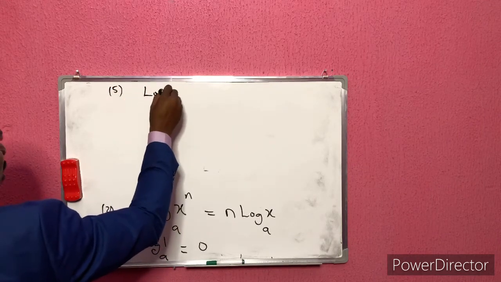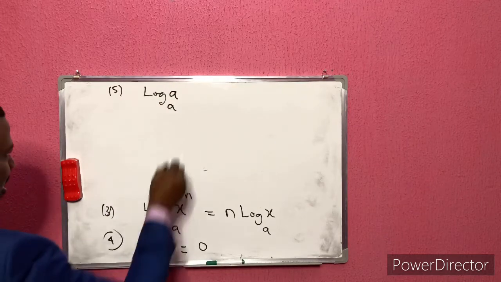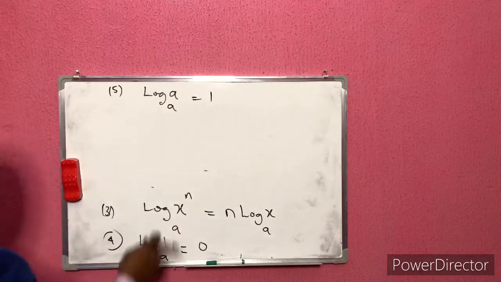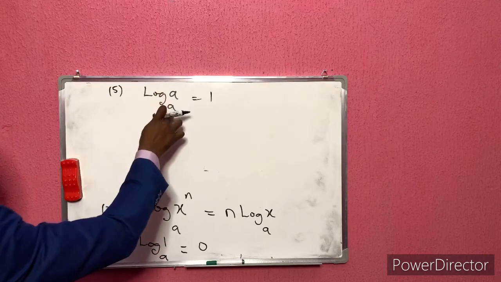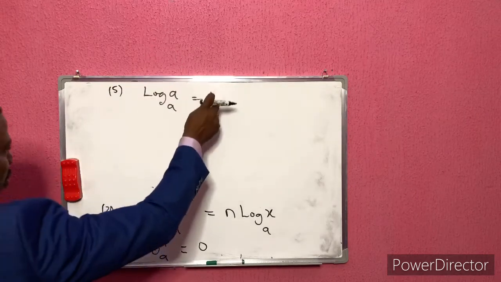Five: a log of its own base is equal to 1. If a logarithm and the base are the same, they will give you 1.